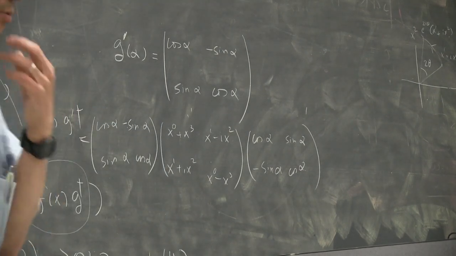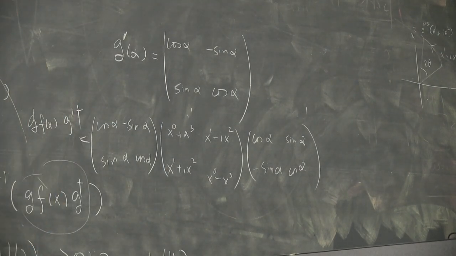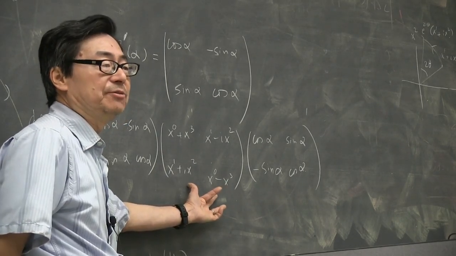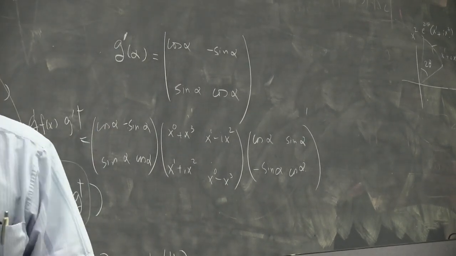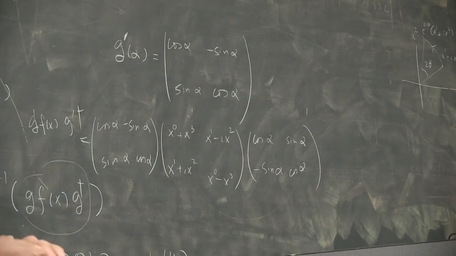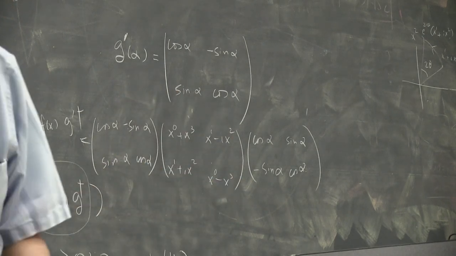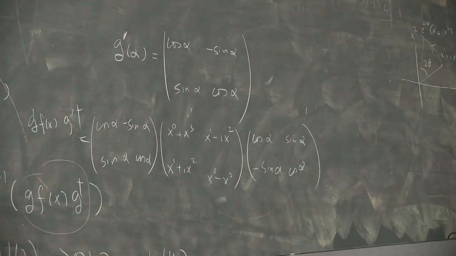And so you know what the action on a general Minkowski vector is by doing this multiplication of 3 2x2 matrices. Let's stop here for a few minutes, okay? We'll come back and pick up the story.